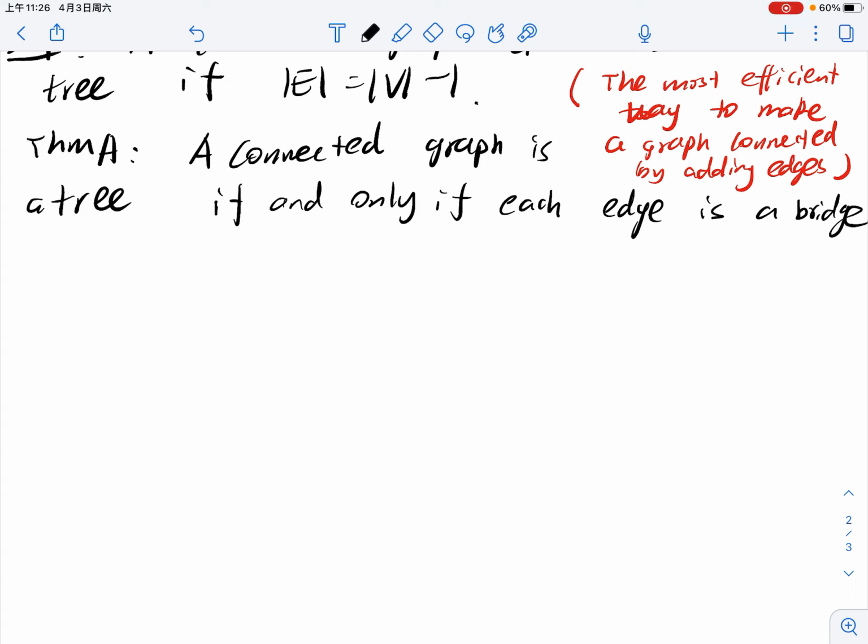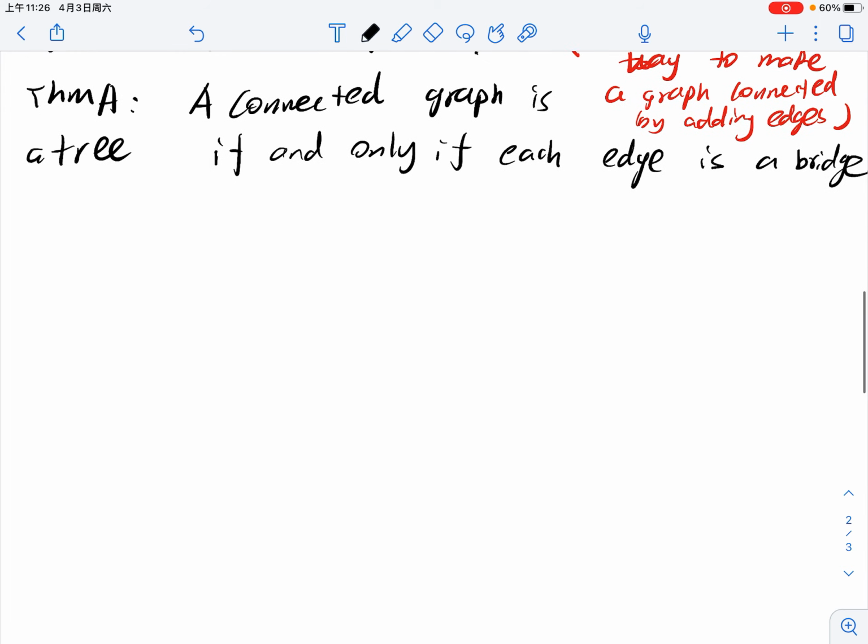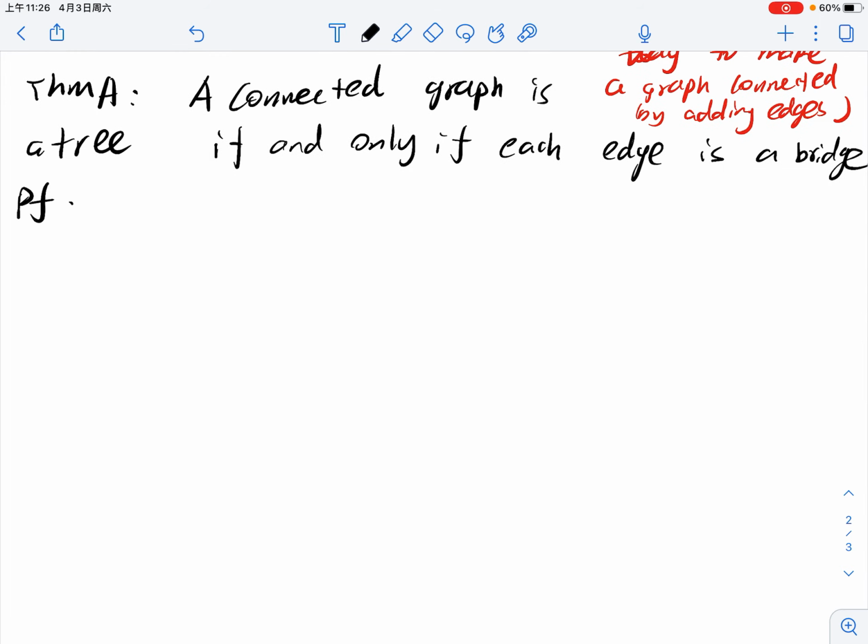We don't care about the total number of edges. We care about connectivity with and without this edge. So that's a bridge. Bridge means after removing this edge, the connected graph becomes disconnected. And we proved last time, when you remove a bridge, the connected graph will have two connected components.